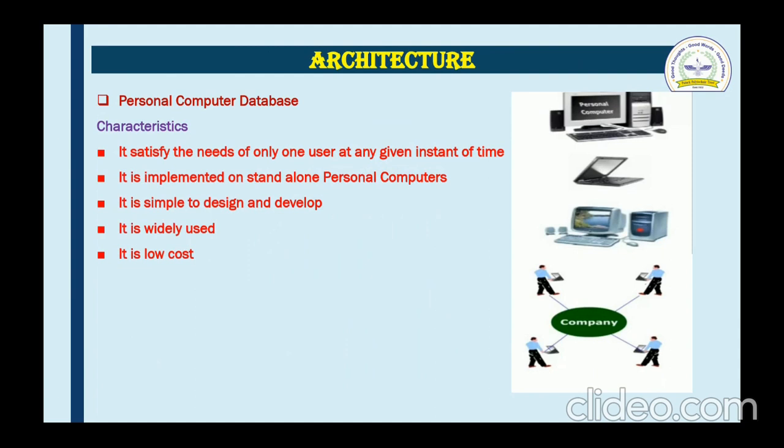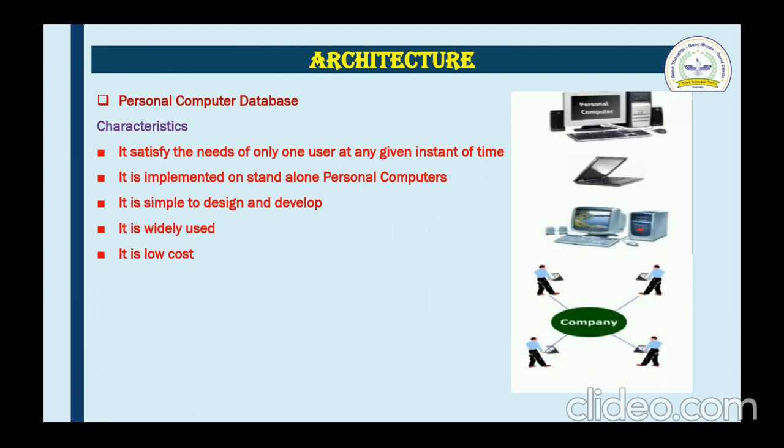For example, consider a company that has a number of salespersons. Each has many customers. Each salesperson might carry a laptop computer with a simple database application to record customer information and the details of contact with every customer. Let us now discuss some important characteristics of personal computer database.